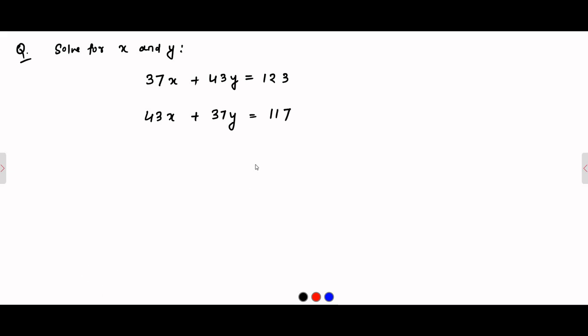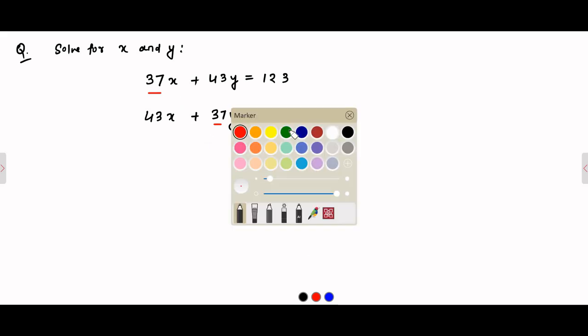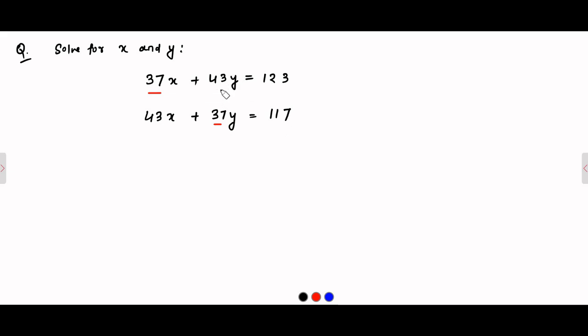Okay, so here if you watch the equations closely, you will identify a pattern. In the first equation we have the coefficient of x as 37, and in the second equation we have the coefficient of y as 37, same. And in the first equation the coefficient of y is 43, and in the second equation the coefficient of x is 43.